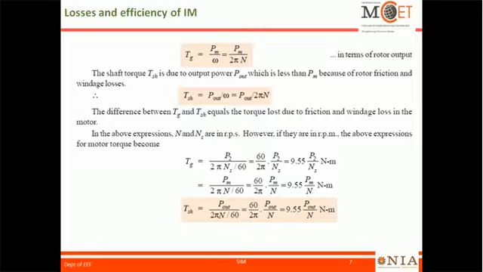But in the real case, it is in RPM, so we are rewriting the equation, that is TG is equal to P2 by 2 pi ns by 60, which can be written as 60 by pi into P2 by ns, and that 60 by 2 pi can be written as 9.55, 60 by 2 into 3.14.